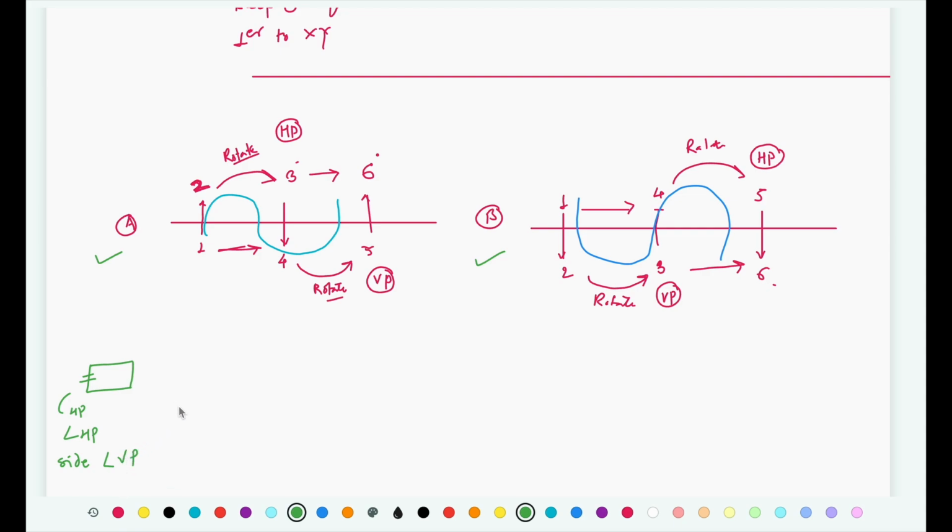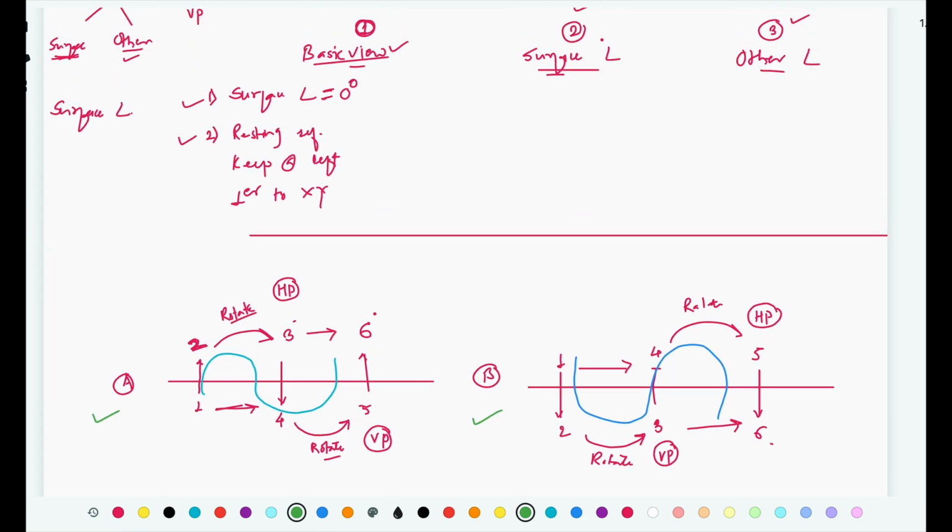Now when you have got the surface inclination is with HP, to draw basic view, as I mentioned earlier, what we need to do is reduce that surface inclination to 0.